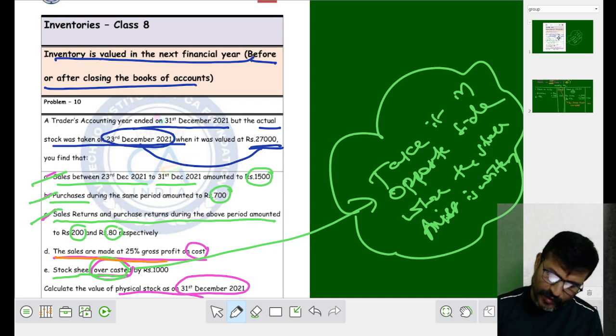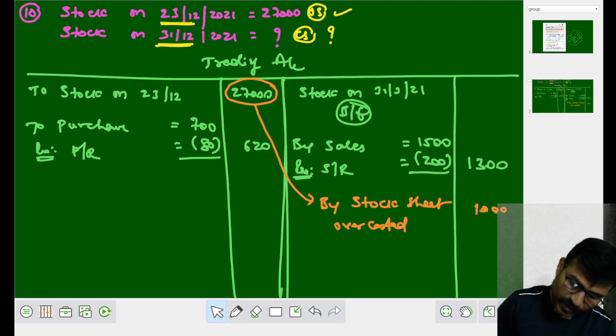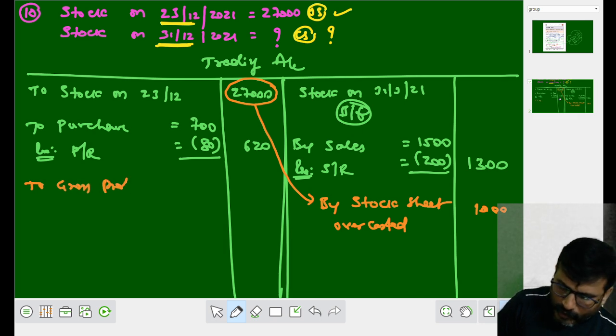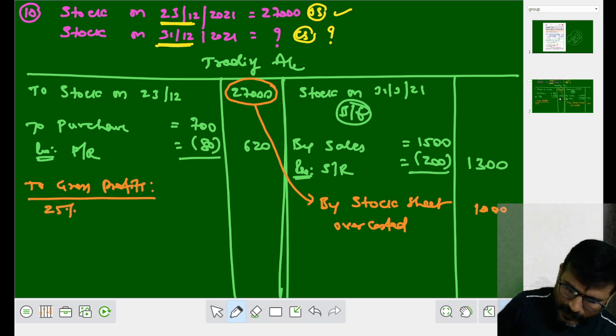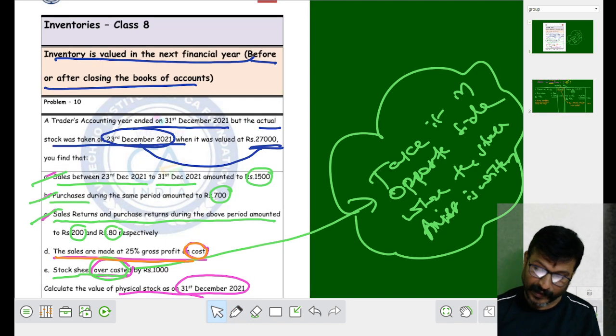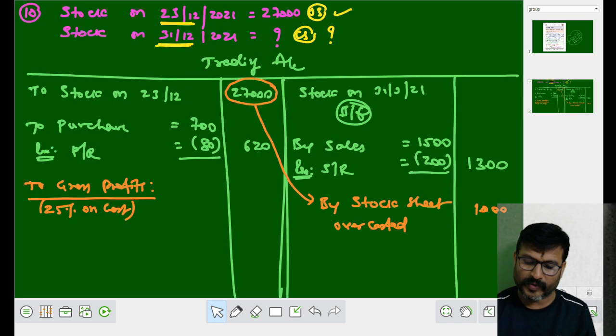Now the profit is what? The sales are made at 25% gross profit on what price? Cost price. So now let us write to gross profits. How much it is? 25% on cost price. Am I right? 25% on cost price.